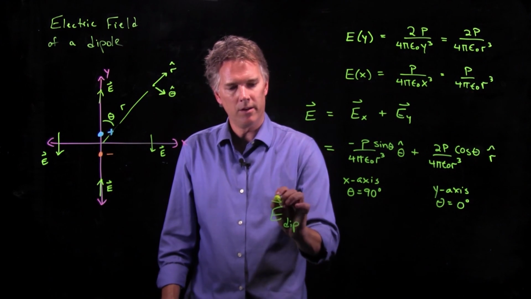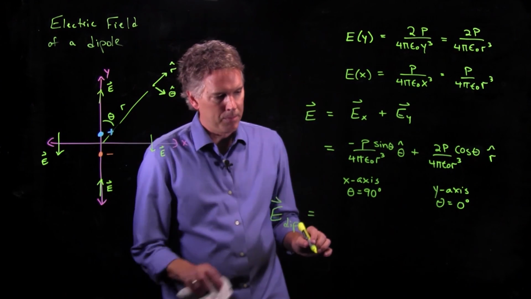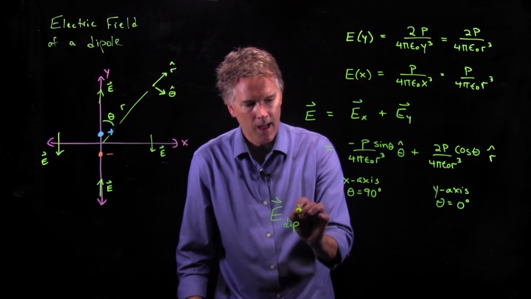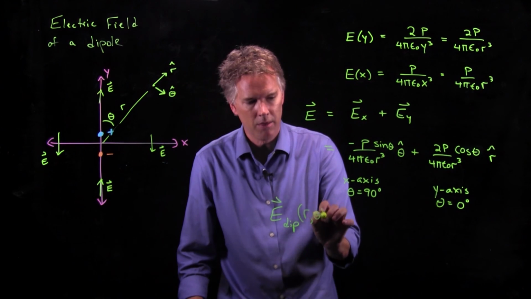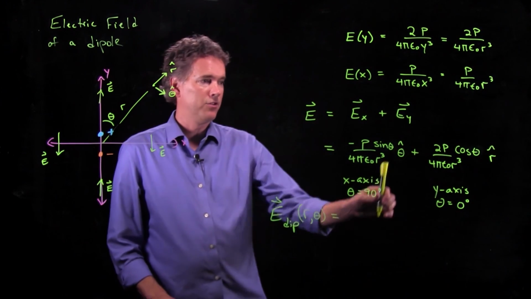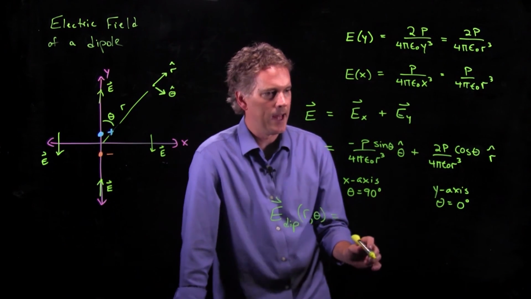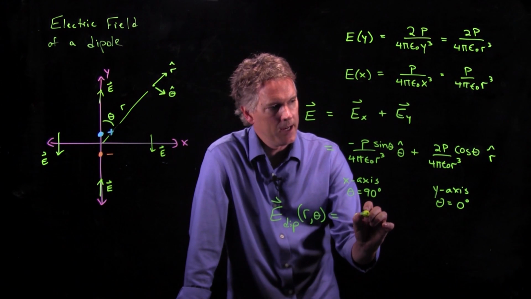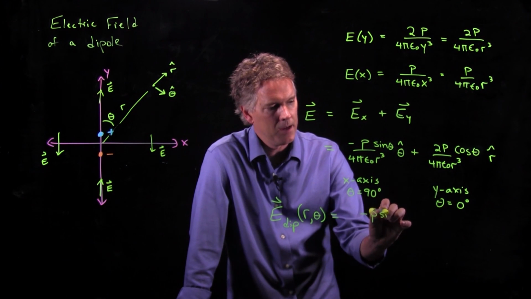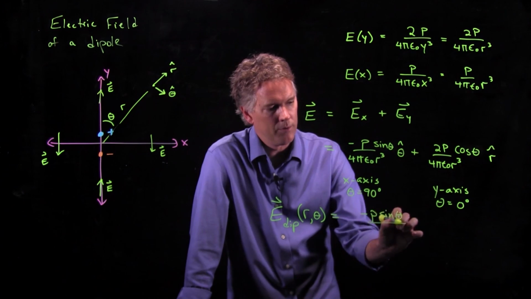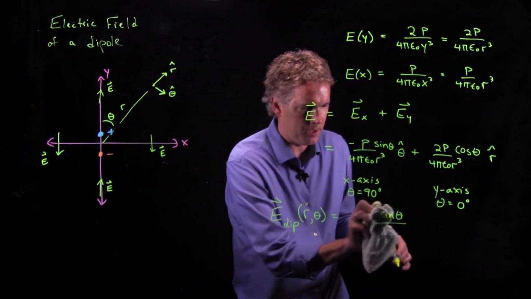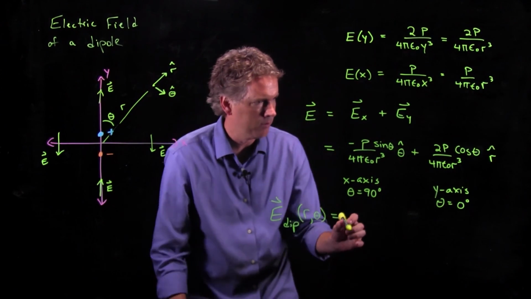What's the E field of a dipole? And let's be explicit, we're talking about as a function of r and theta, it is just this. We've got a negative p sine theta over, actually let's factor out some common things, because we do have some common factors. What do we have common?